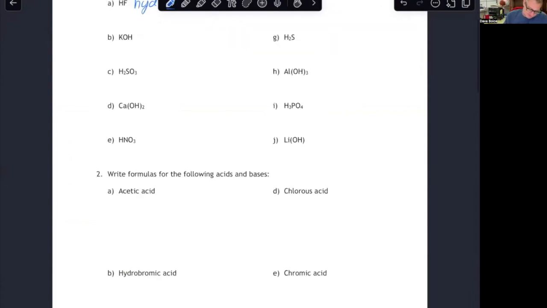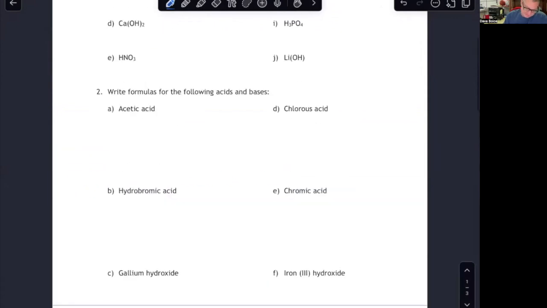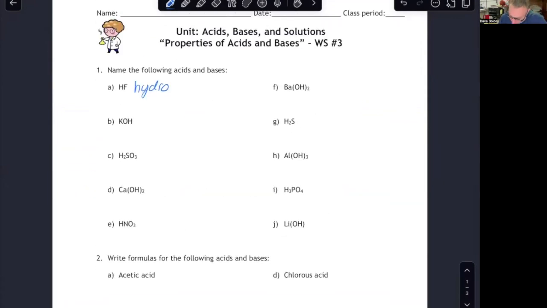So the ide turns into ic, and that is hydrofluoric. And I may spell some of these wrong, but we'll live. And if you accidentally spell one wrong, I'll survive as long as I know that you were using fluorine and you were changing the ide to ic, we're fine. So hydrofluoric acid, probably something you've heard of.